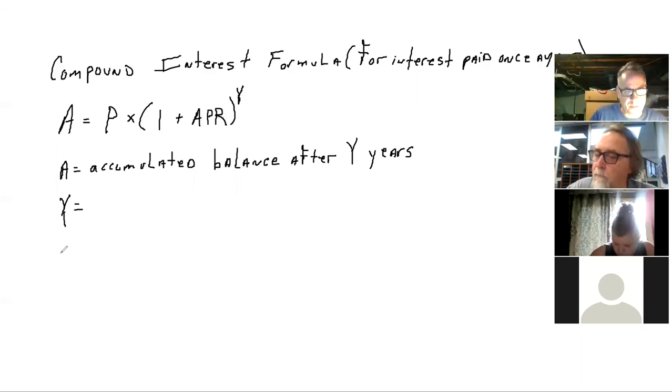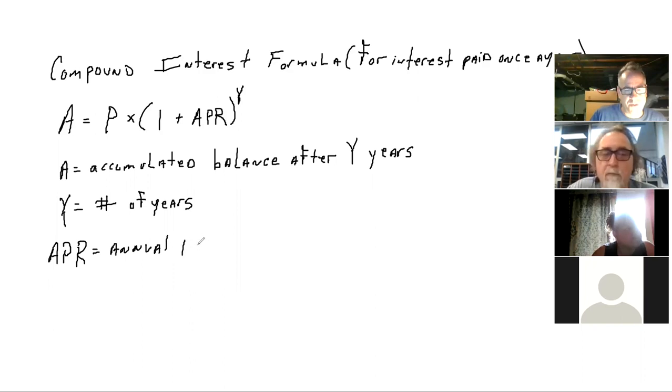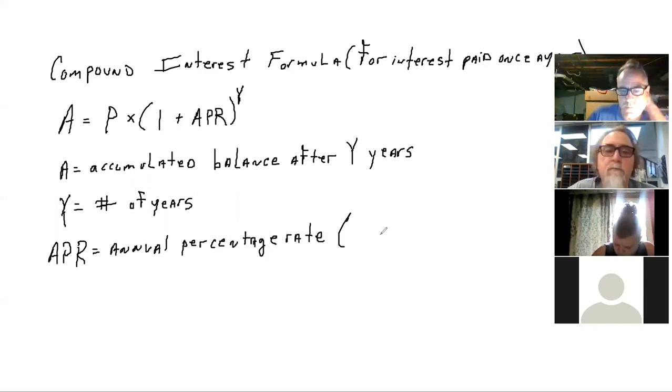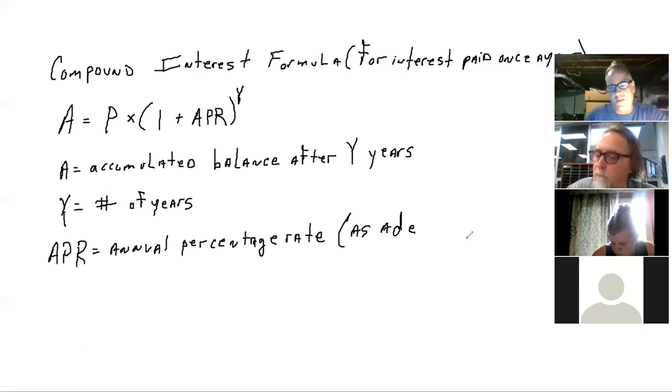APR, capital A, capital P, capital R, is what we call your annual percentage rate, and you put it in the formula in decimal form. So whatever the percentage rate is, it'll be given as a percentage. You move the decimal place twice, get it in decimal form, and that's what you'll pop into the formula.